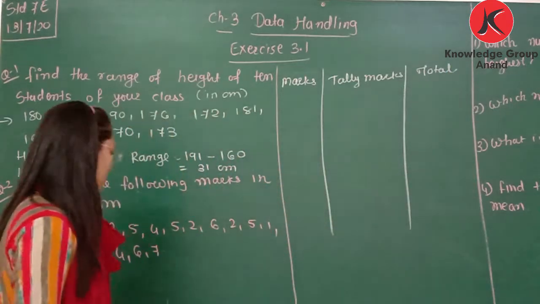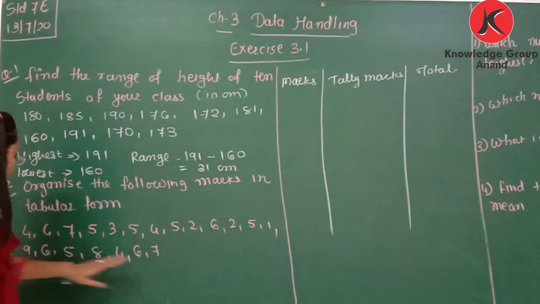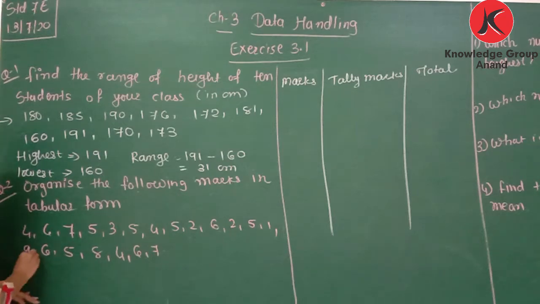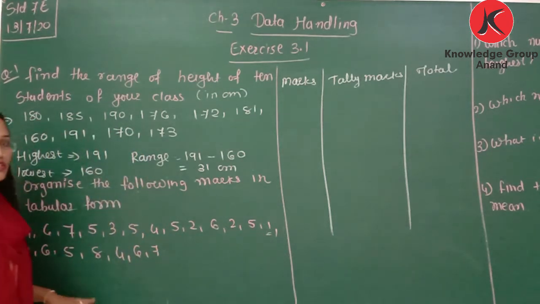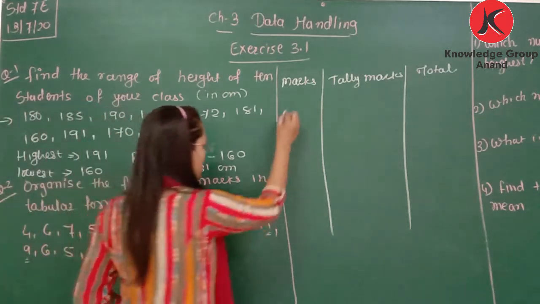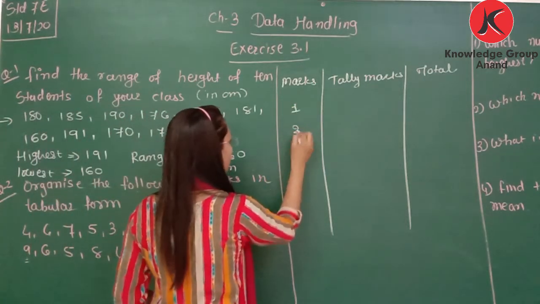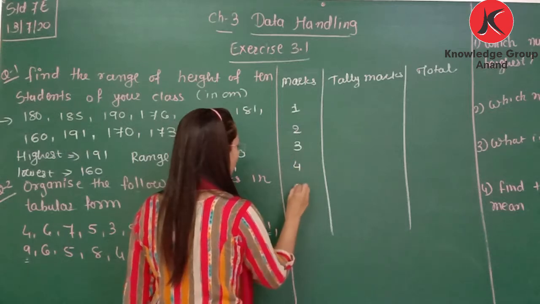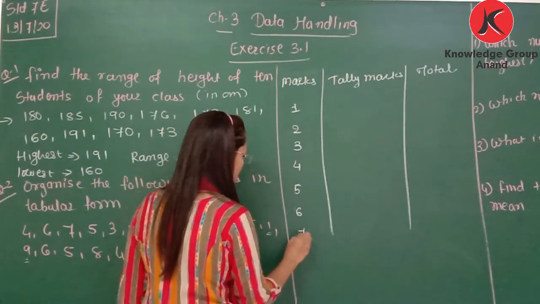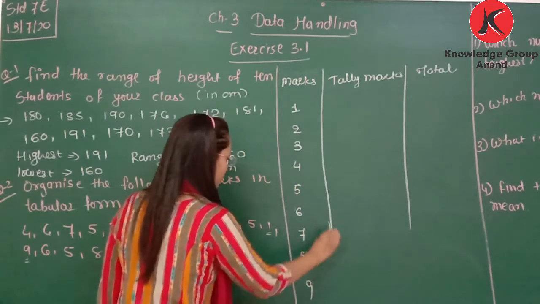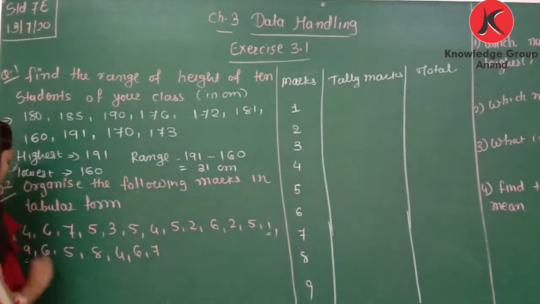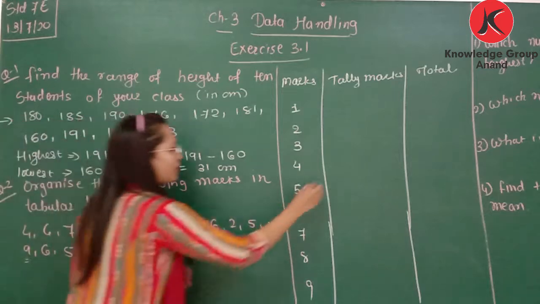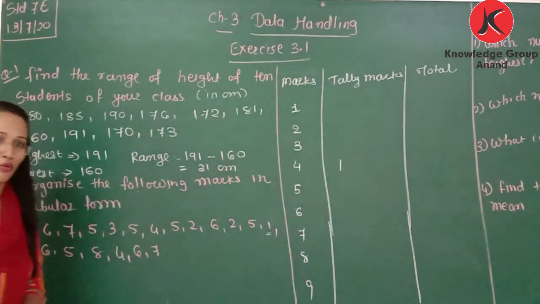Here the numbers are from 1 to 9. You can see the smallest number is 1 and the largest one is 9. It means you need to represent numbers from 1 to 9. So let's start: 1, 2, 3, 4, 5, 6, 7, 8 and 9. Now 4, so we need to place one mark in the column of 4.